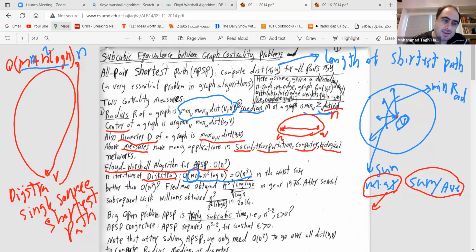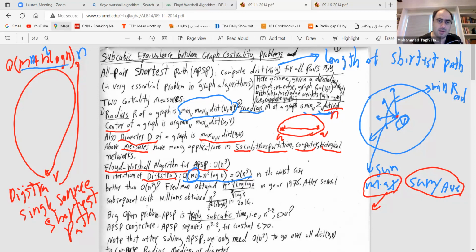But in the worst case, where the graph is dense and m is also omega of n squared, this becomes n cubed as well. And again, there is no algorithm better. There are some other algorithms, but in the worst case, again, it is n cubed.